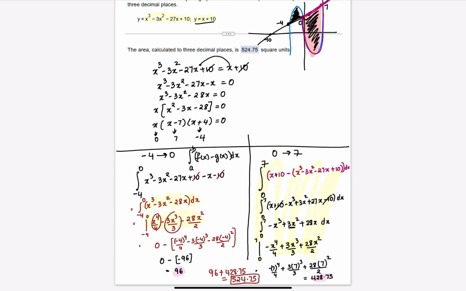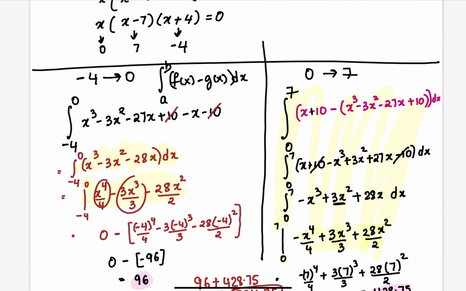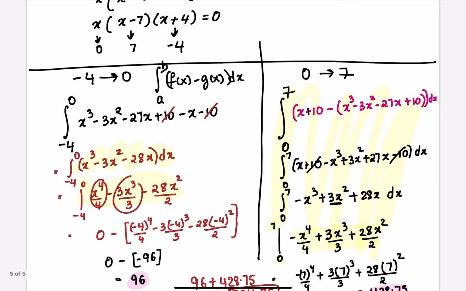You'll make it positive because the area is under the x-axis. And once that's done, you will simply add both of them, and that's exactly what you have. But for me, I like to see what curve goes on the top and what curve goes on the bottom, so I can visually see and subtract. Hope this helps.